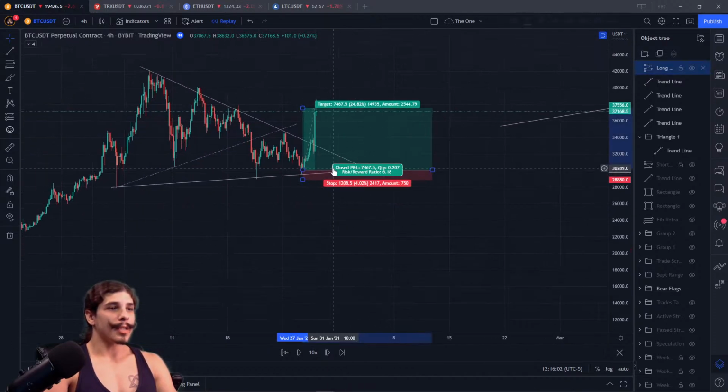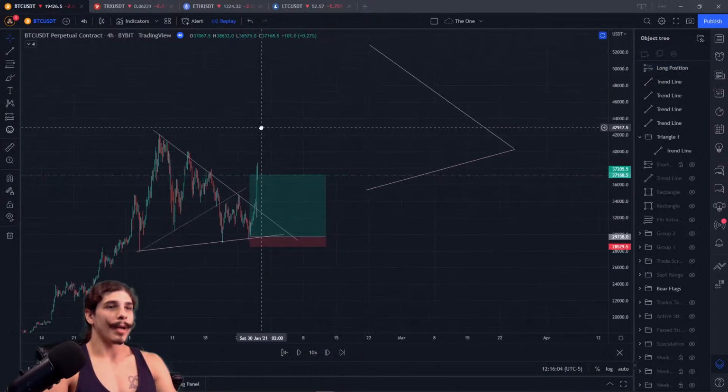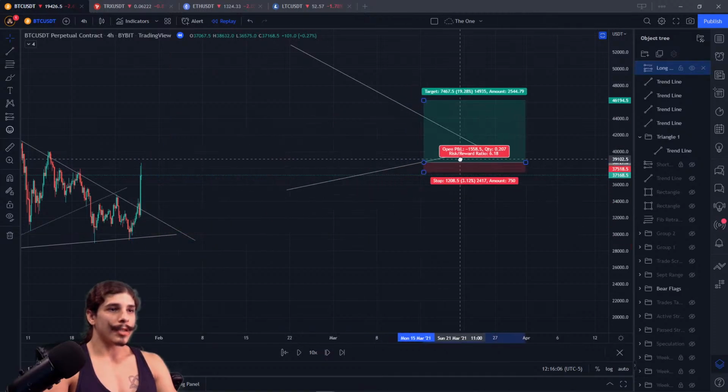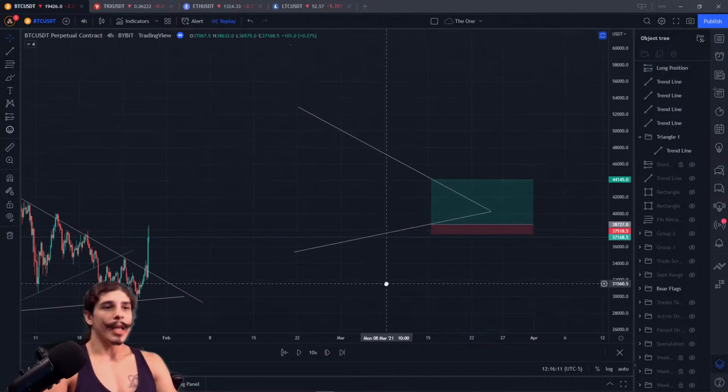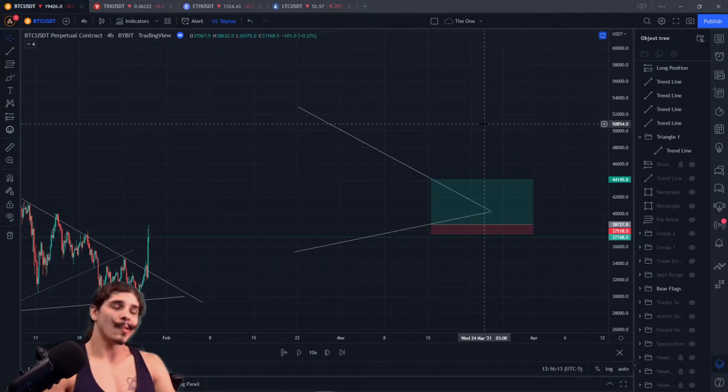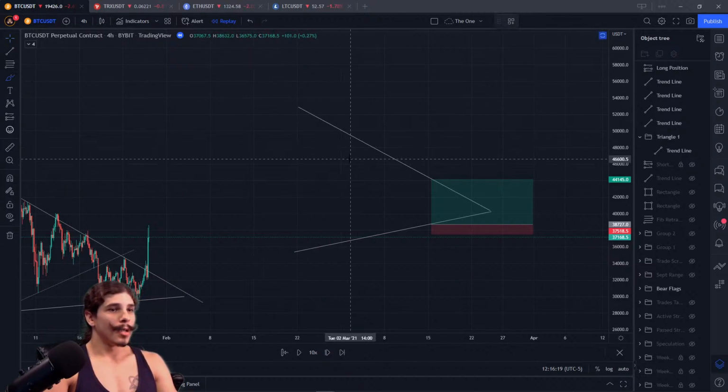The first place that you're going to want to take profit is inside of the triangle. If price breaks outside of the triangle, you are already in a good position to make a bunch of money. So let's just go ahead and say price is in here. It entered bullish.